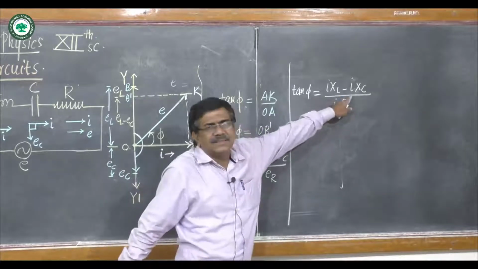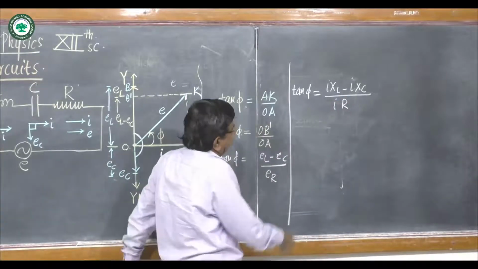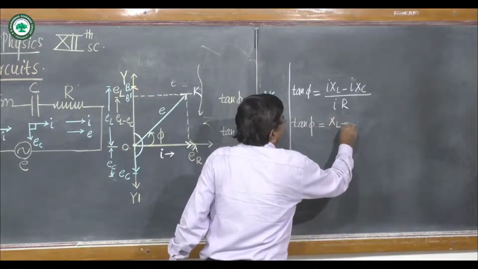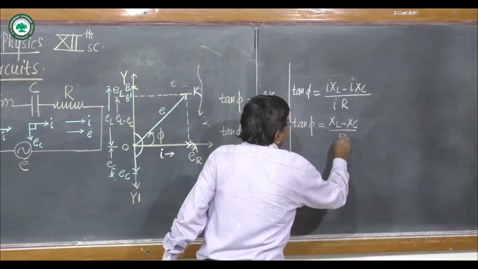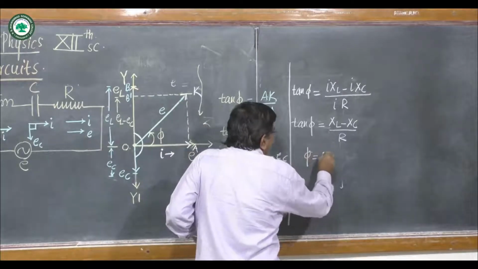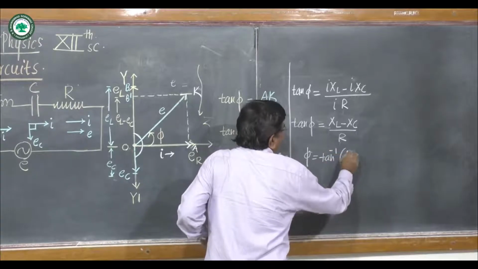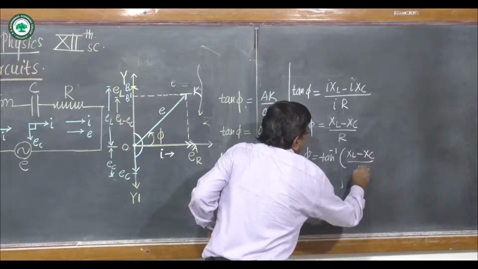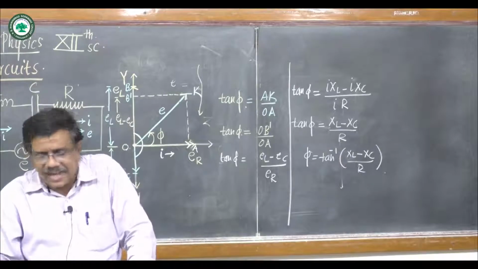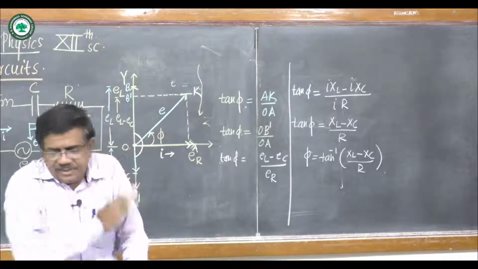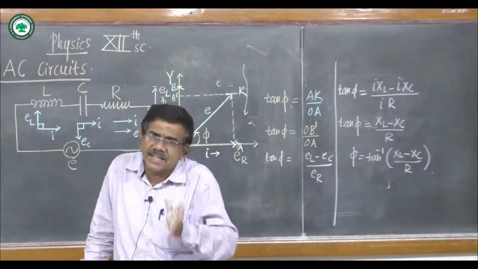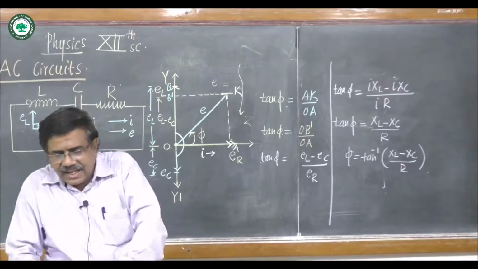Take I common here, this I cancels with this I, and we get tan phi as (XL minus XC) divided by R. So phi is tan inverse of (XL minus XC) upon R. This phi gives the phase difference between the voltage and current, in terms of inductive reactance, capacitive reactance and resistance.